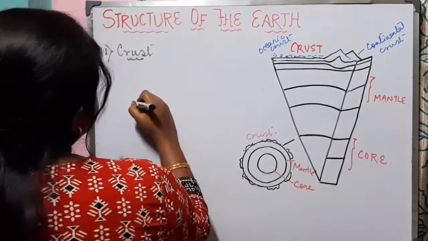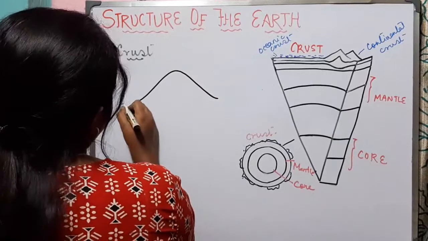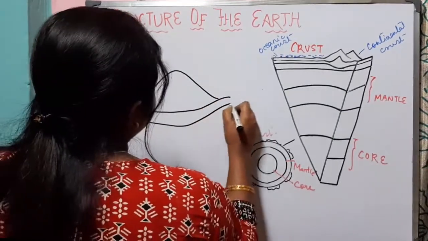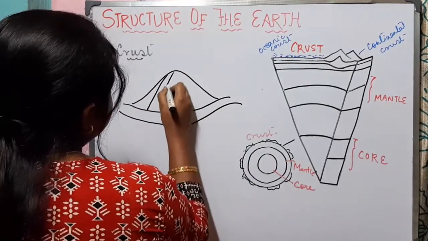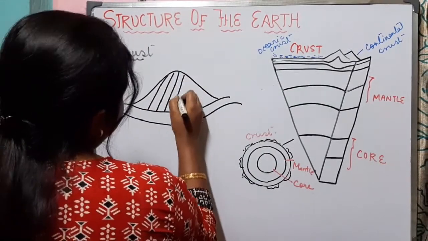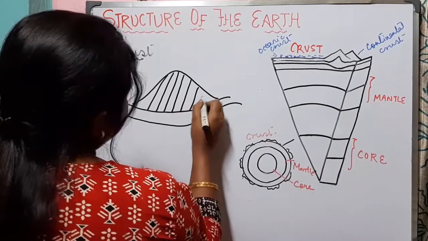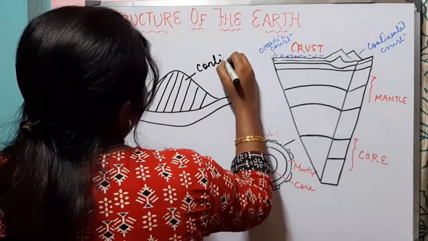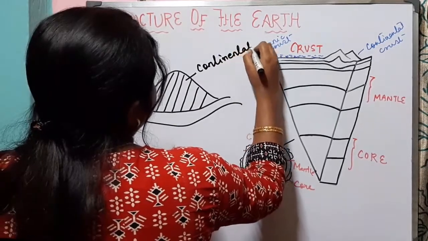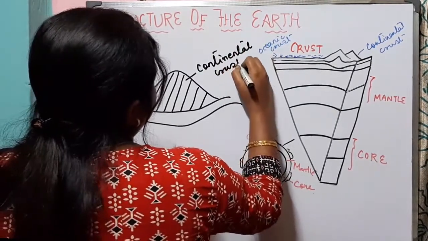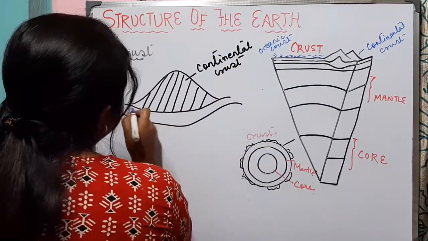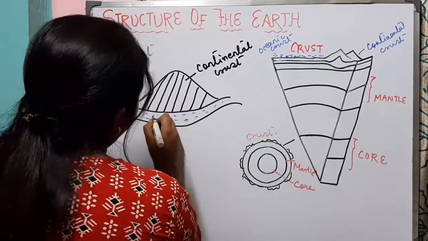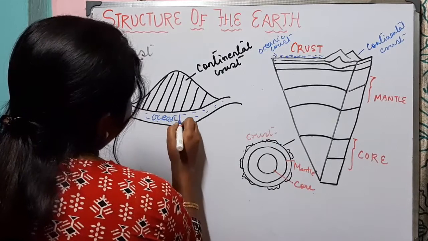Now let us understand with the help of another diagram. This is referred to as the continental crust, which carries the continents. And this is the ocean floor.